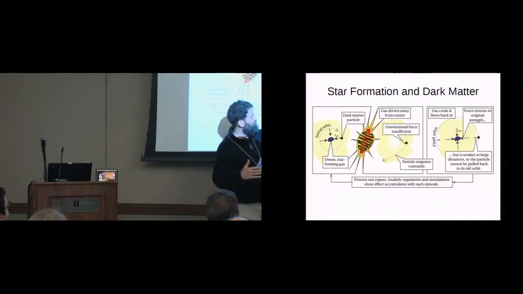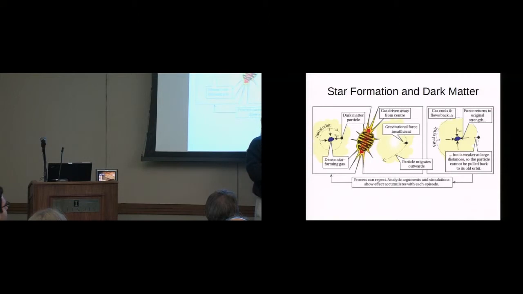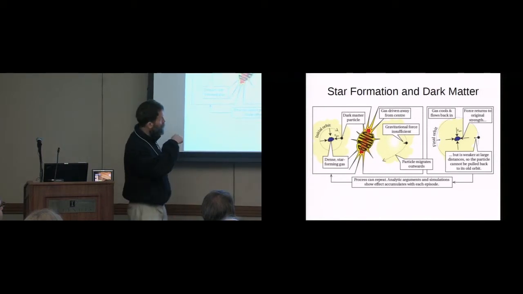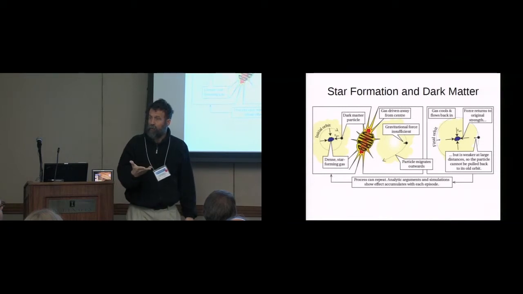And certainly the baryons can recondense, but the dark matter is still left at a larger orbit than it was before. So the baryons are actually affecting the orbits of the dark matter.